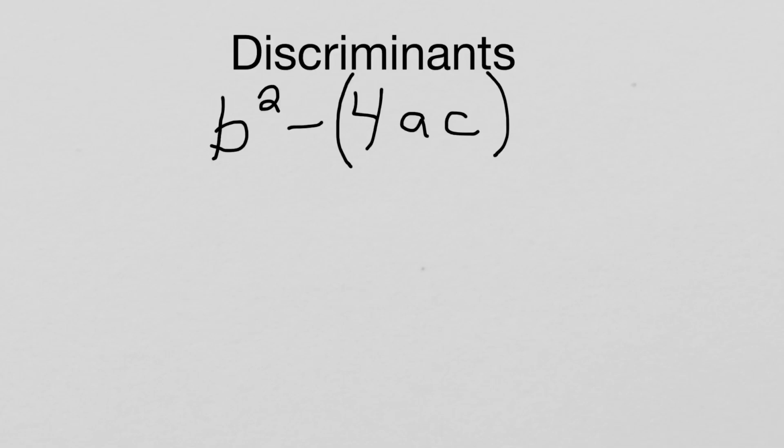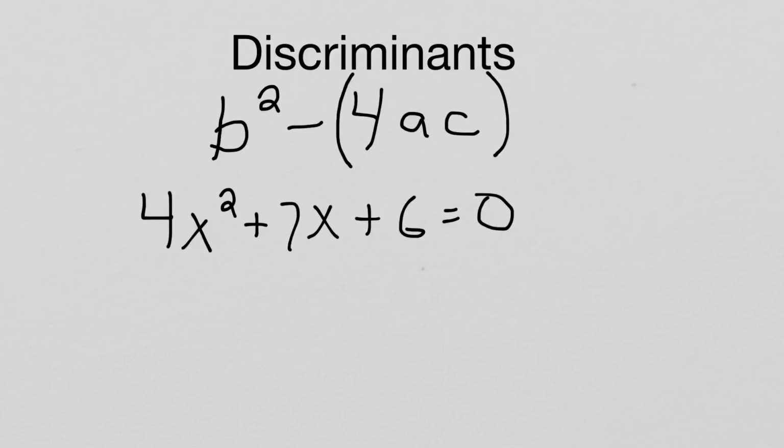All right, let's go ahead and just get started. The first problem we're going to do is 4x squared plus 7x plus 6 equals 0. Oh, and as far as what the discriminant is, right now just get the equation down. You'll see when we get to the quadratic formula what it actually means to algebra.